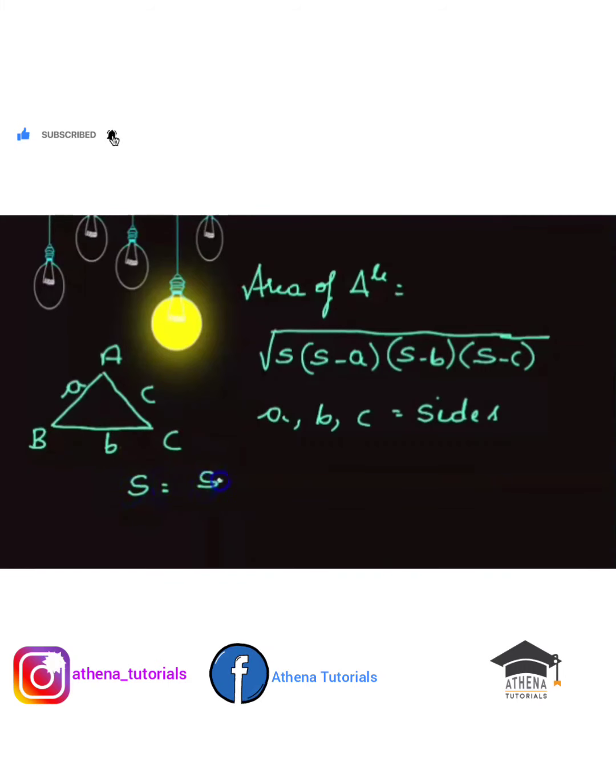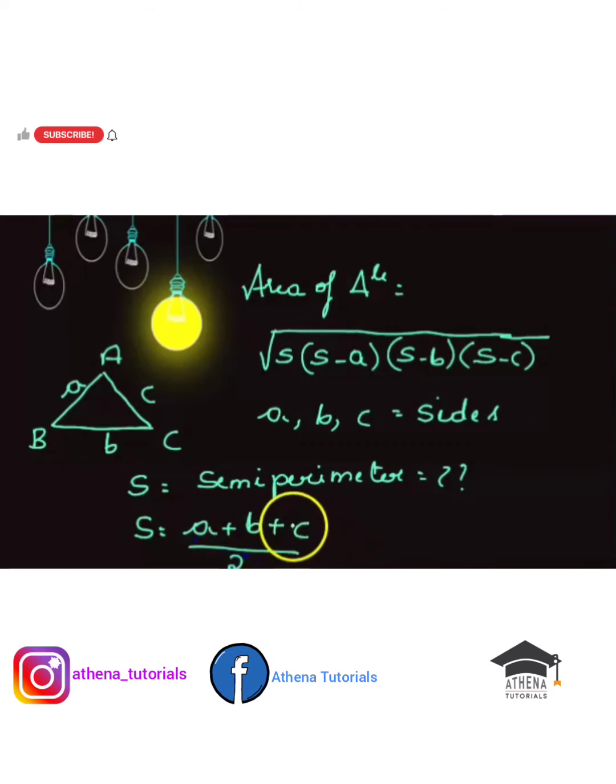S is the semi-perimeter. How to find the value of S? S is given by the sum of all the sides divided by 2. So S is the semi-perimeter and it is found by adding all the sides divided by 2. So this is Heron's formula.